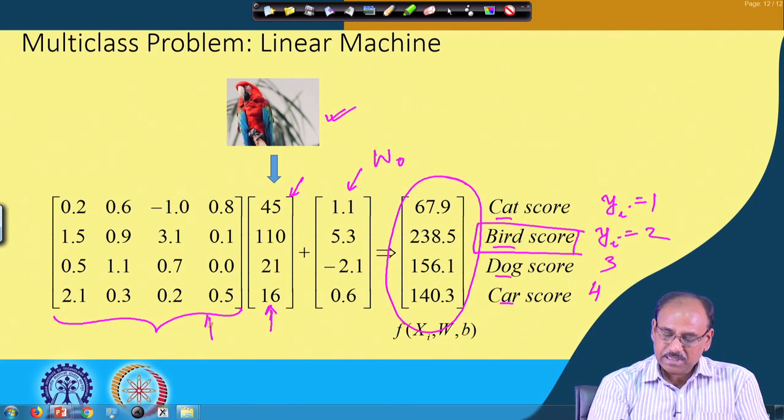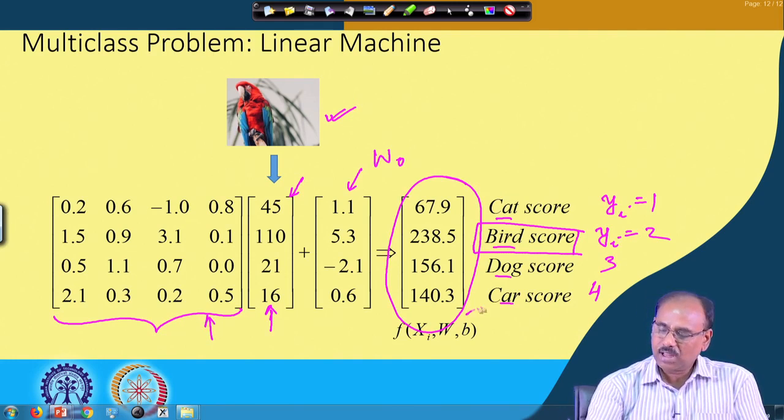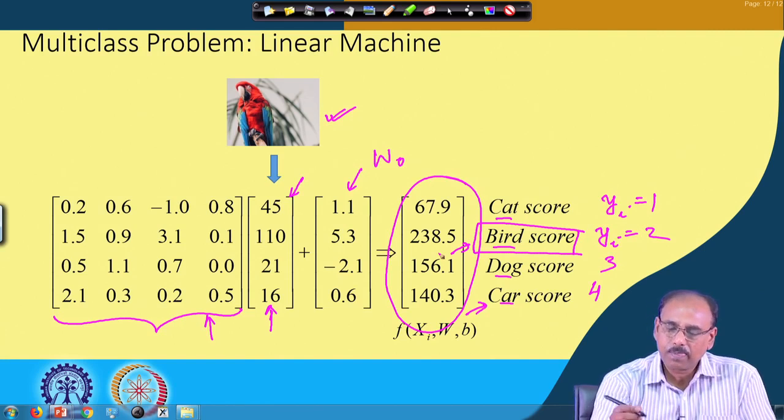If these parameters are not properly tuned, then it is possible that the score for car might be more than the score of bird, in which case the classification that the linear machine gives is an erroneous classification, and I should be able to modify or update the parameters.